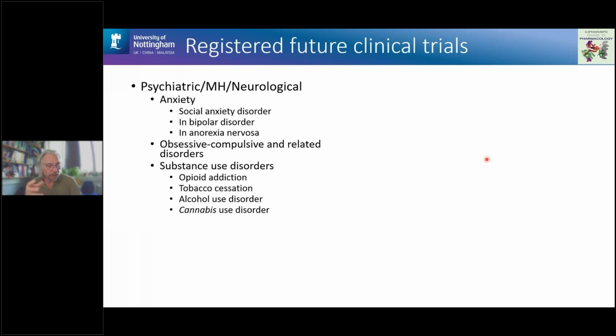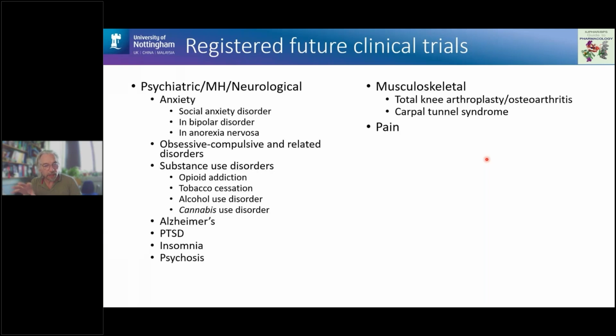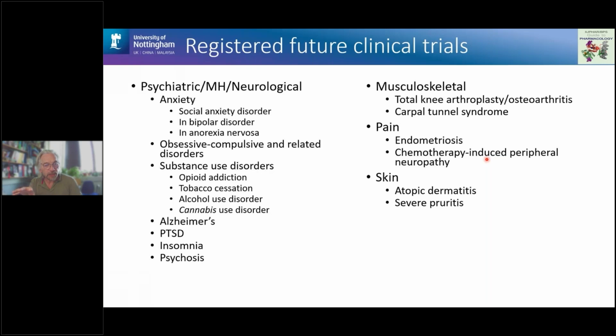So things from substance use disorders to anxiety disorders, suggestions that there might be involvement in post-traumatic stress disorder, and a whole wealth of other things. So I think one of the things that's intriguing about CBD is the ways in which people suggest that there may be therapeutic benefit, a huge range of different topics. And obviously the proof of the pudding will be in the eating for those.